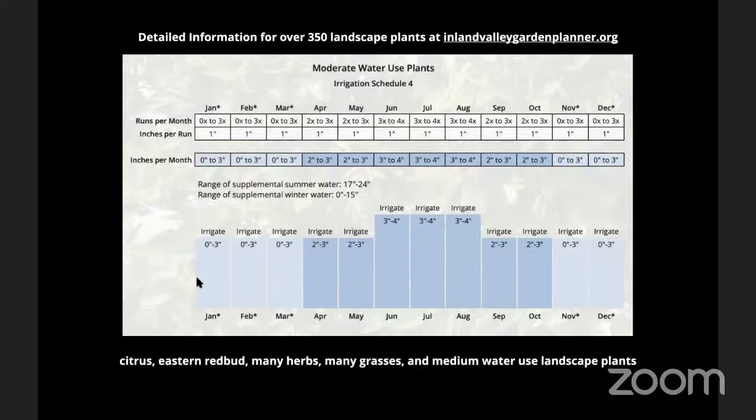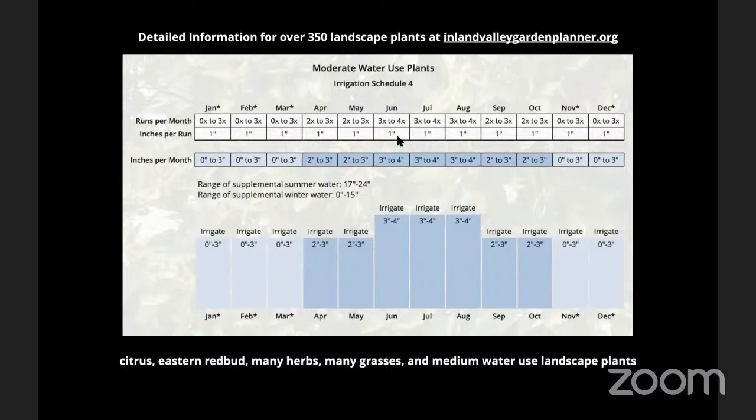And each one of them has an irrigation schedule, which basically says, run your system how many times a month, how many inches to apply per run, and a total of how many inches per month. And using that, you can group plants with compatible schedules, and you can find all that information online. So you can kind of skip all of that.